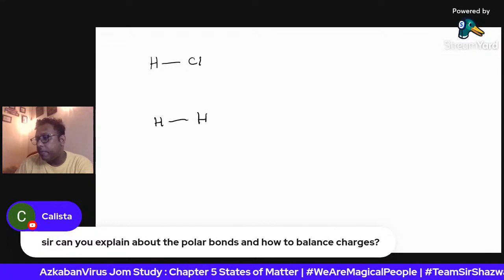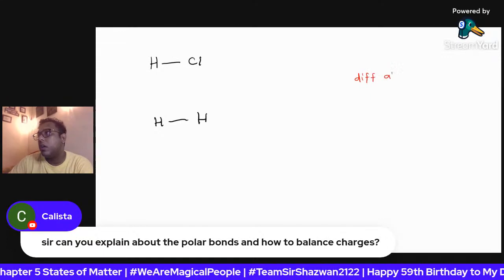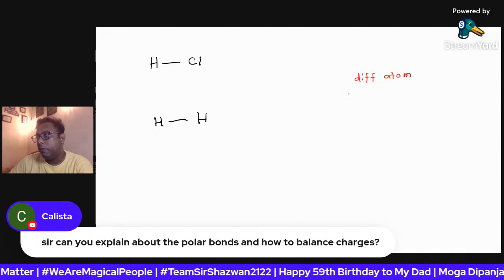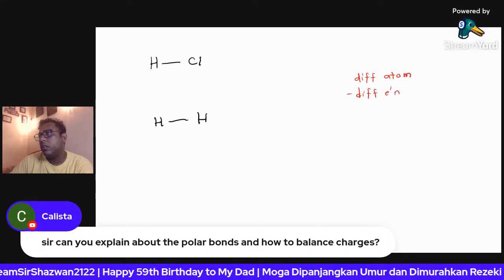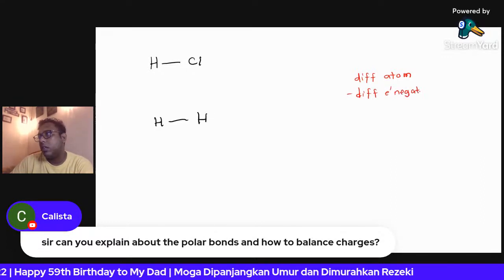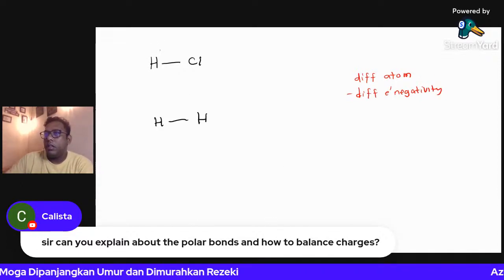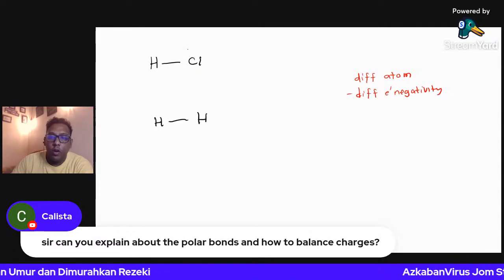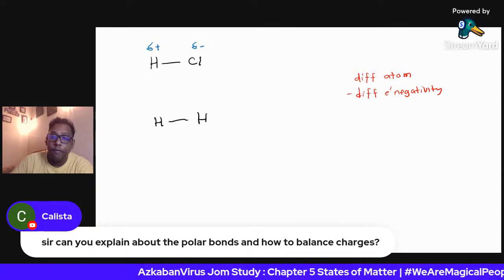Different atom means different electronegativity. Kalau H dengan Cl, chlorine is more electronegative, so dia akan pegang partially negative, H akan jadi partially positive.